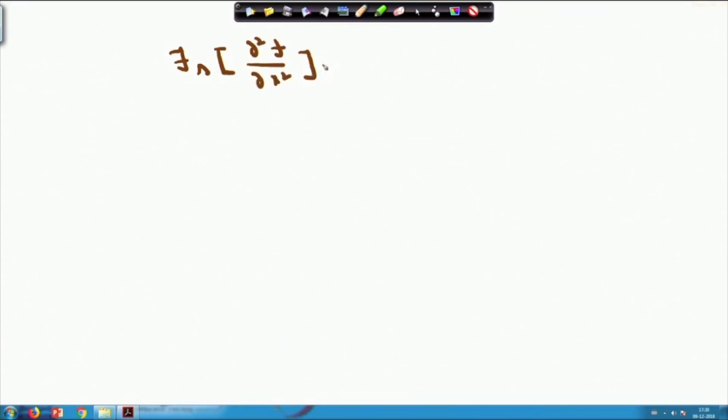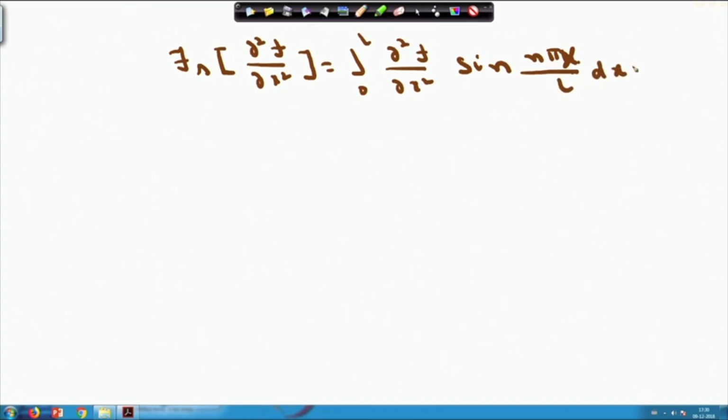This is equal to the integral from 0 to L of ∂f/∂x² into sin(nπx/L) dx.